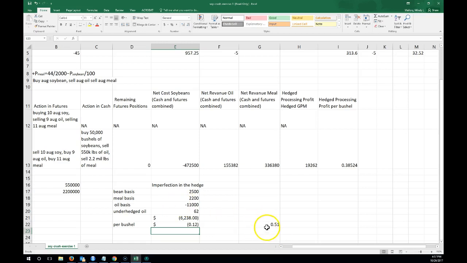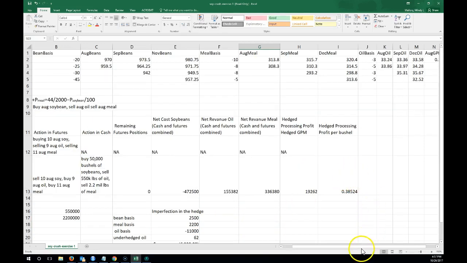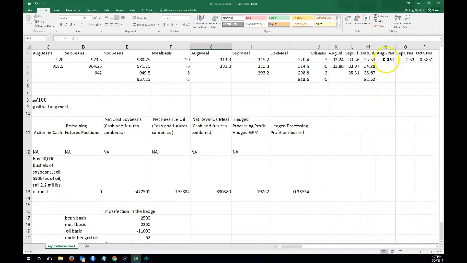Now, this should be comforting to us. If we say, okay, here's the gross processing margin that we got, and add in what, suppose we were somehow able to recover this uncertainty from the imperfection in our hedge. So I added these together, 38 plus 12, you get 51, which happens to be what we expected to get when we were looking at the forward gross processing margin for August delivery.